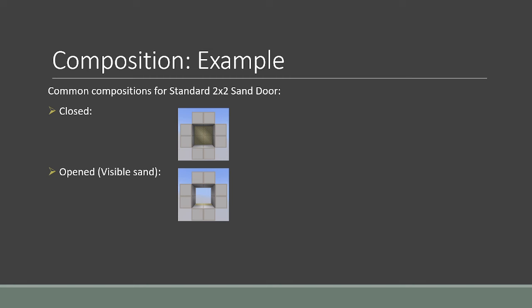Hence, some 2x2 sand doors have visible sand when the door is open. Versus, of course, no visible sand, where you use some circuitry to push out the sand blocks to leave only quartz-like blocks as your door frame blocks. And these 2 compositions result in different categories and cannot be directly compared to each other. So hopefully you understand more about compositions at an introductory level.